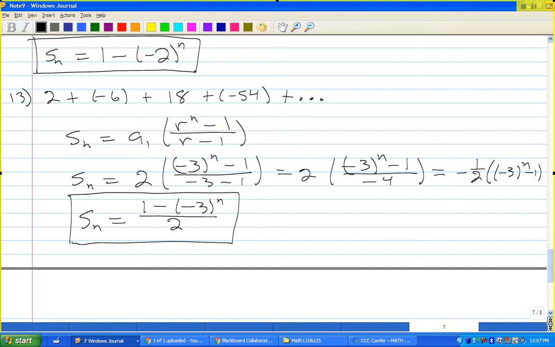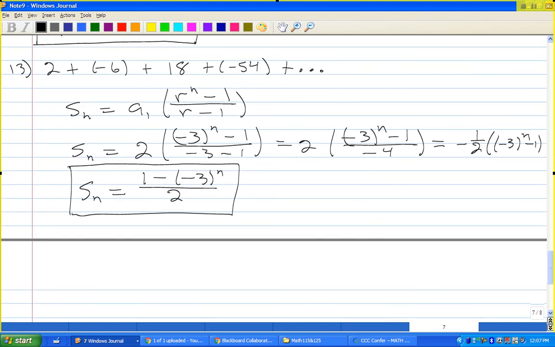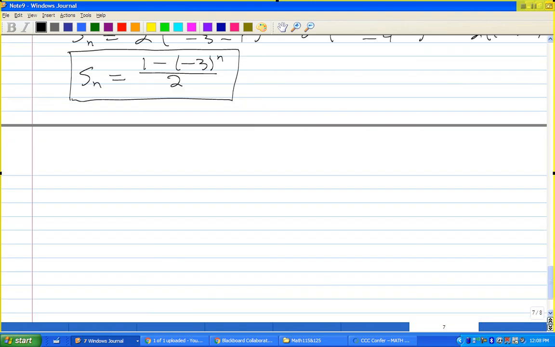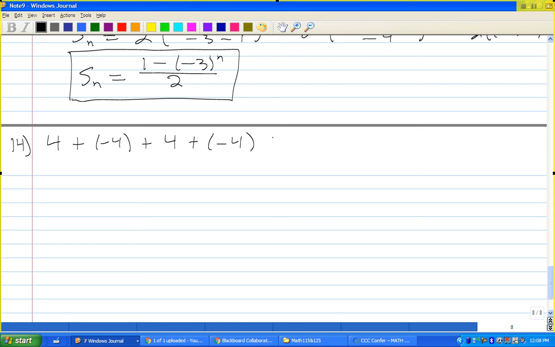Okay, let me do problem 14, because this will come out to a nice answer. Problem 14: 4 plus negative 4 plus 4 plus negative 4, etc. Let's find the sum of the first n terms.